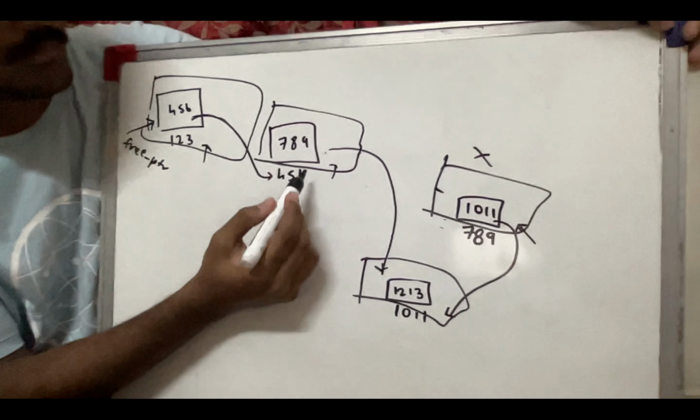If size difference is greater than or equal to 24, then we have to split it, right? Yep. And if it's smaller, then we'll just change the value of the sizes. That's it. Got it.